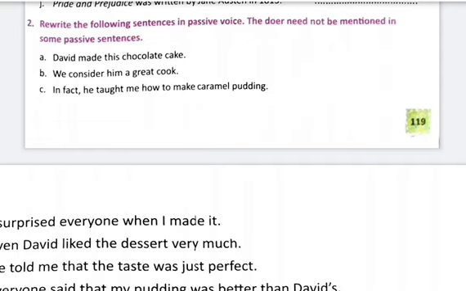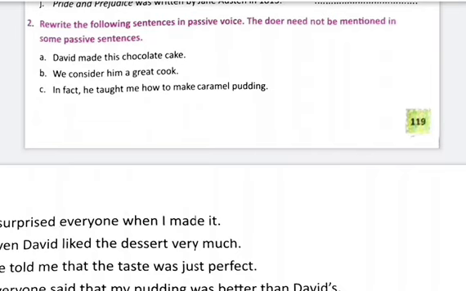Number B, we consider him a great cook. We subject, consider verb and it is in present tense, him object, a great cook also object. Okay. Now let us take the first object here, him, selected, and this object we will make subject in passive form.